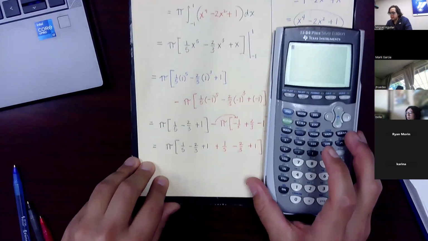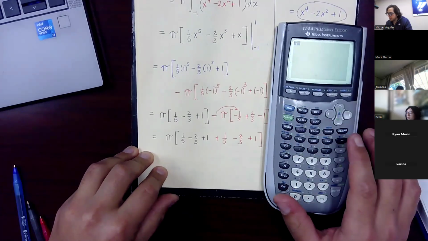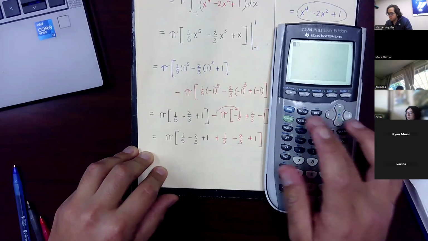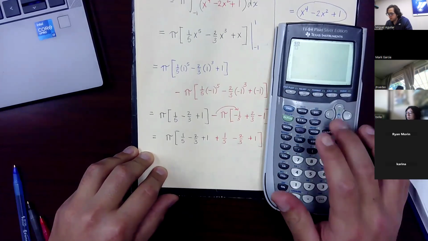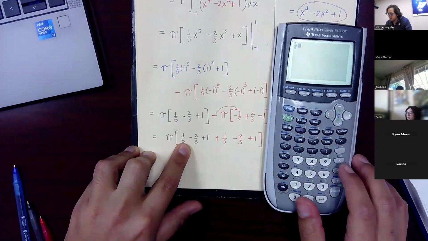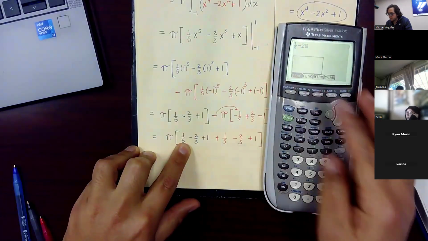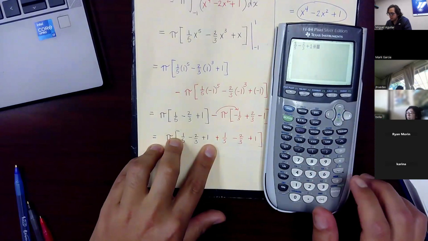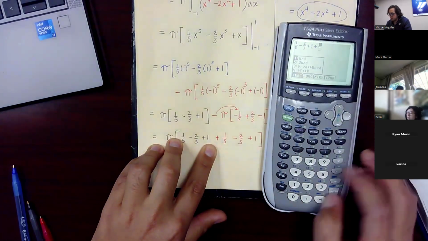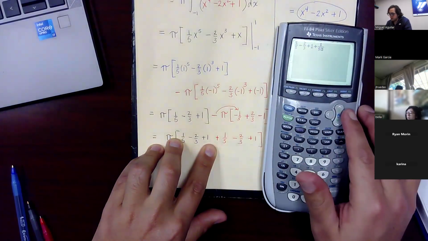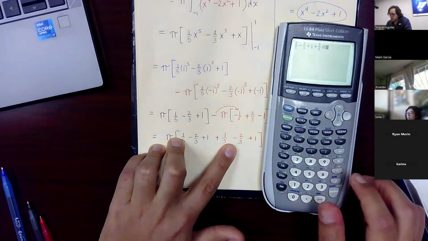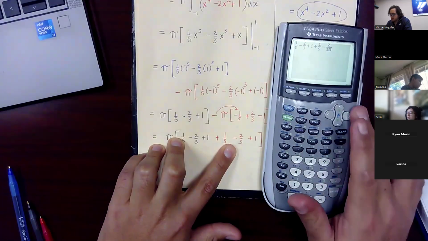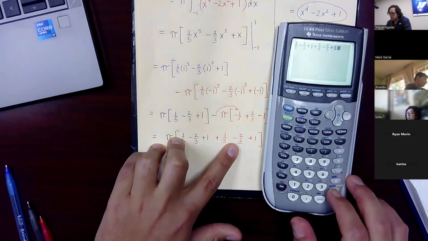Okay, so pi, maybe I don't want to put the pi in yet. 1/5 minus 2/3 plus 1 plus 1/5 minus 2/3 plus a 1.